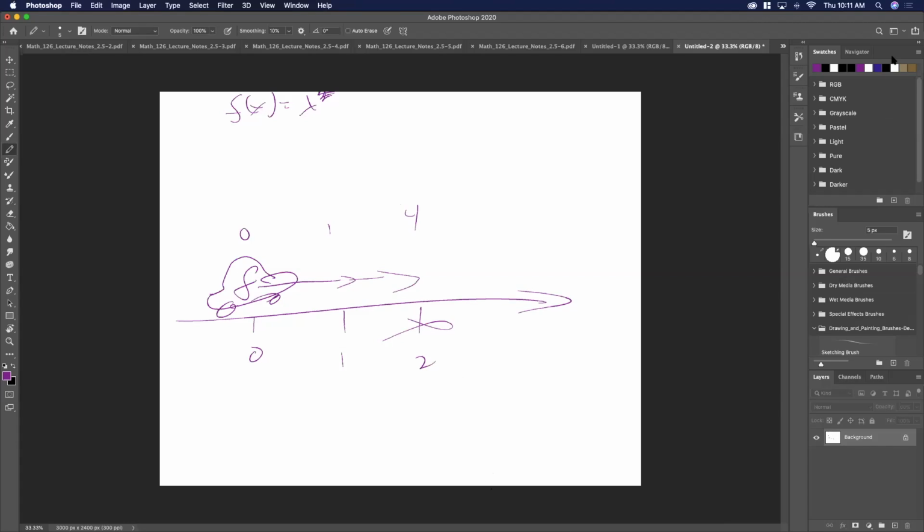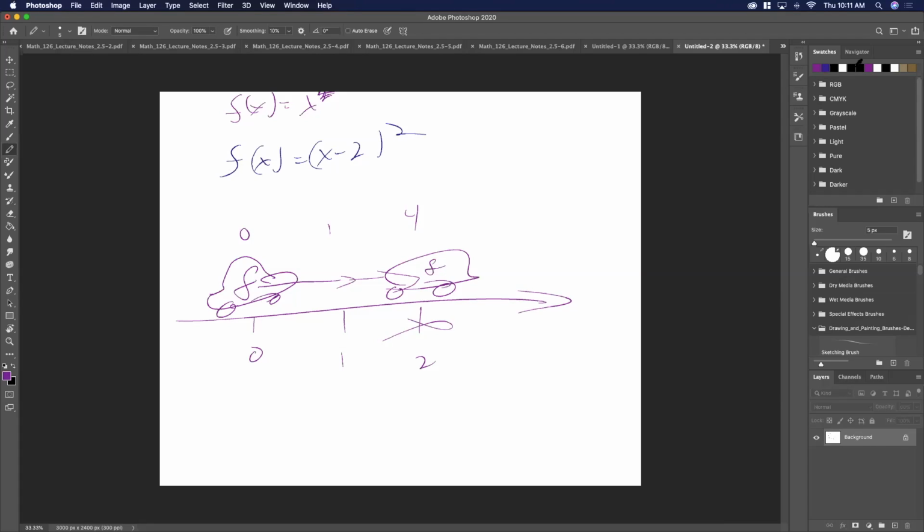Now if I have a different function, let me use blue, f of x equals x minus 2, it's going to go through the same motions, except this car is going to pretend like it's 2 behind.